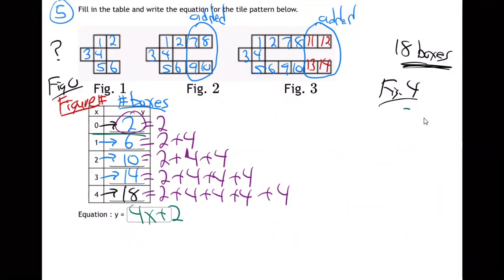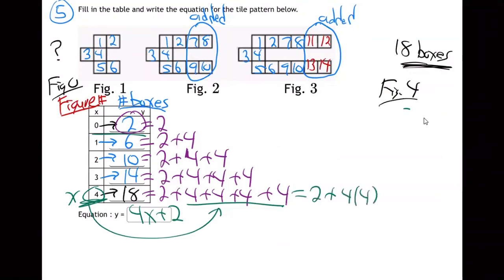Now, looking at these numbers, do you see the connection between the x, remember these are the x's, and the number of 4s? The x number is the number of 4s, isn't it? Do you see that? You could say this is 2 plus 4 4s, or this one is 2 plus 3 4s, isn't it?